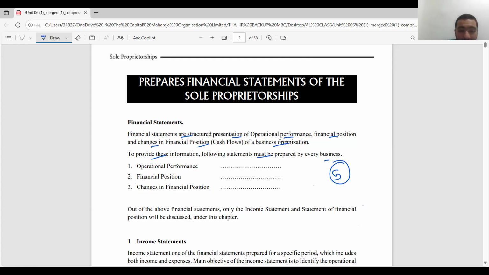That is the income statement. Financial position is calculated by the SOFP, and changes in financial position is calculated by the cash flow statement. Make sure you write it down quickly, and then we will move forward.